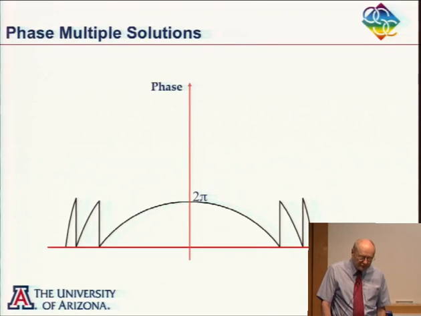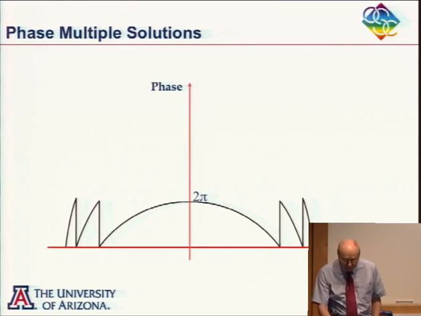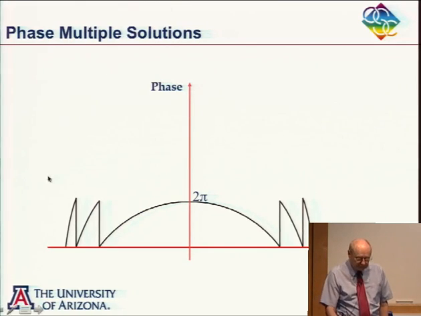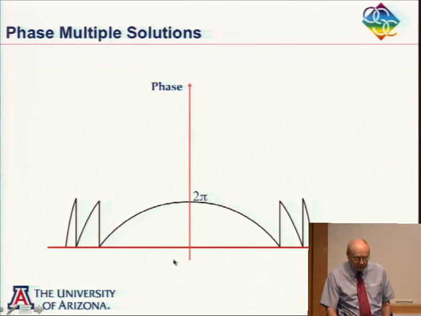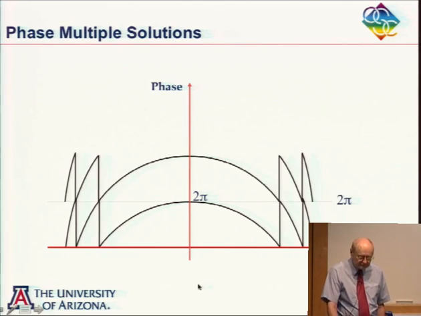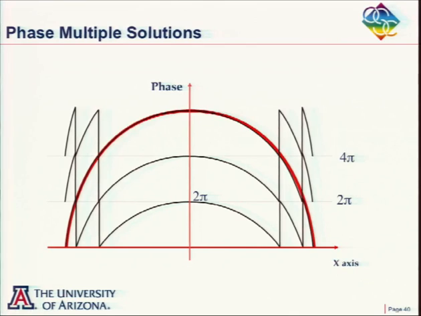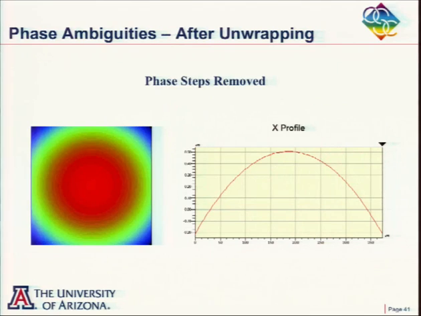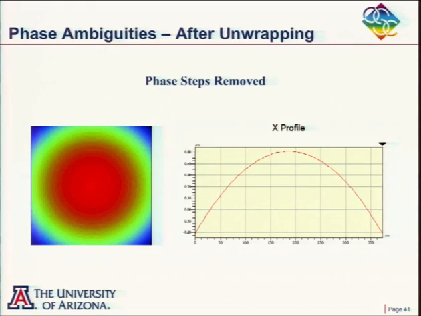And so we'll take a measured wavefront that may look like this, and we'll fix these jumps in the phase. And so we'll end up with something like this. And so we can get a nice measured phase. So this is setting a limitation on the slope of the wavefront being measured.